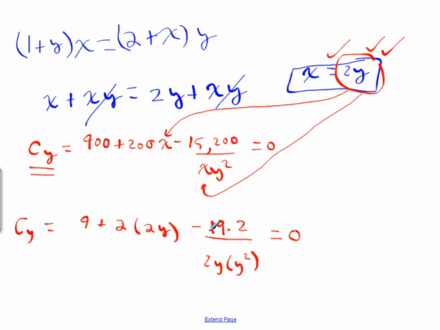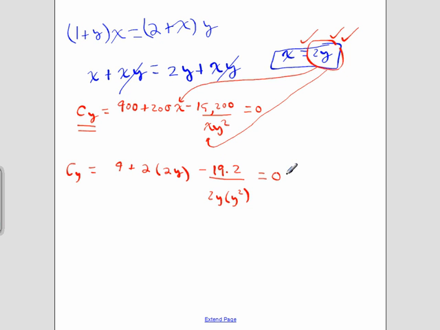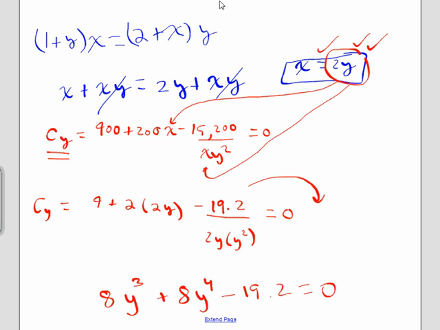And if I keep going with this algebra, let's move this term over and then multiply. And what we'll get is 8y cubed plus 8y to the fourth minus 19.2 equals 0. Okay, so correcting a small mistake, this is not 19.2, but just 192.